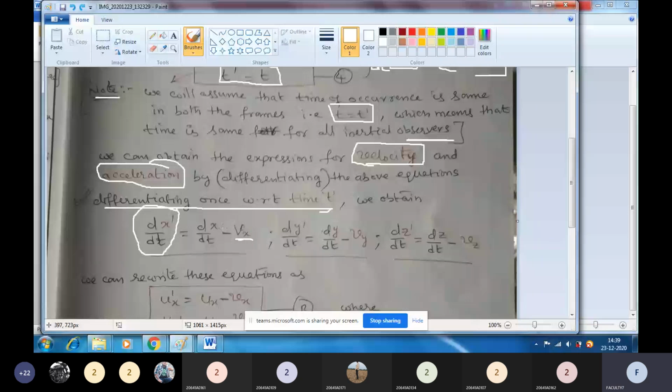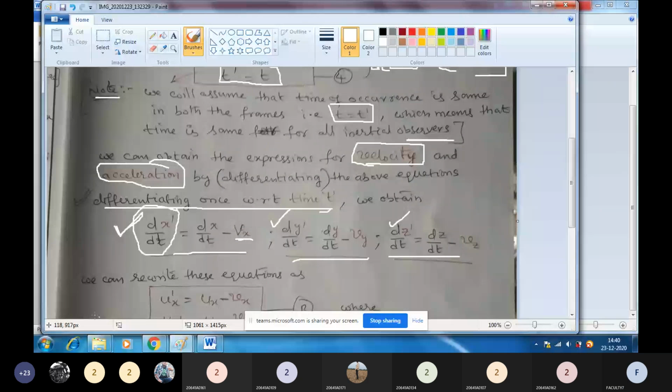Okay. So now this is the velocity of the event in the S frame in relation with the velocity in the S prime frame. Now regarding the y dash and the z dash, you will get these three equations like this. So I'm repeating the point here.